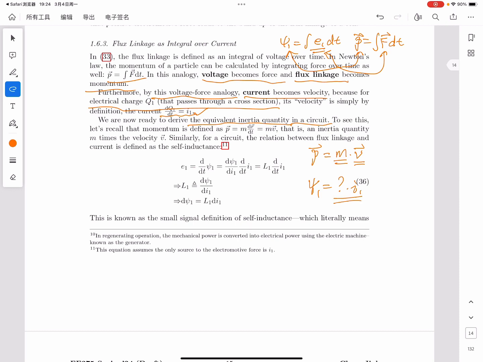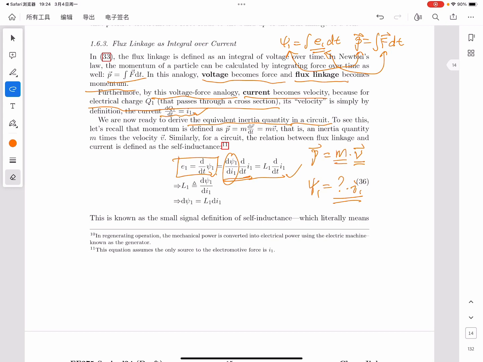To do that, we already know this equation by Faraday's law of induction. So we can use the chain rule of time derivative to derive it. Yeah, just go with it. So this term here is the small signal definition for self-inductance.